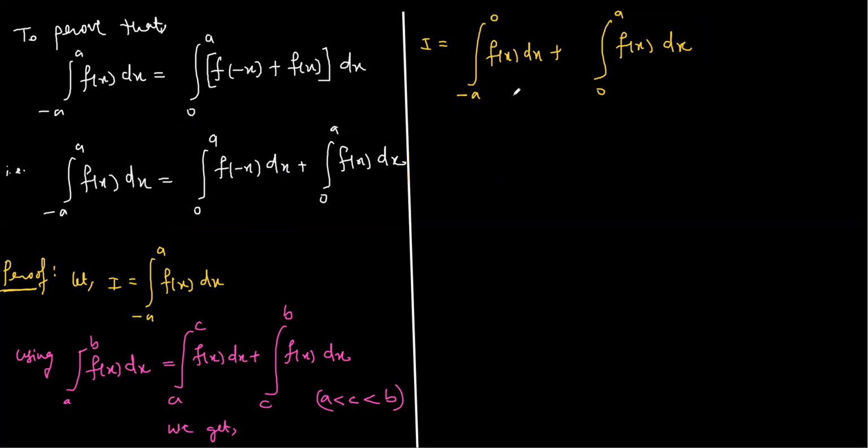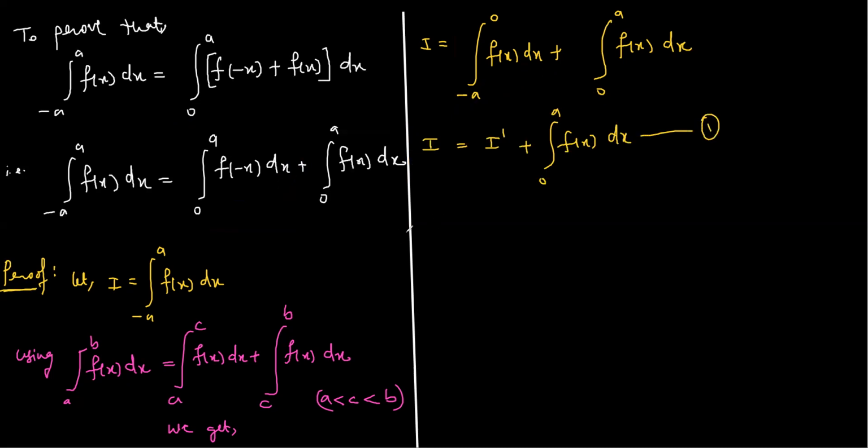So my aim is I want to get this equal to this. So here I start. I will write I equals I dash plus 0 to a f of x dx. This is 1.